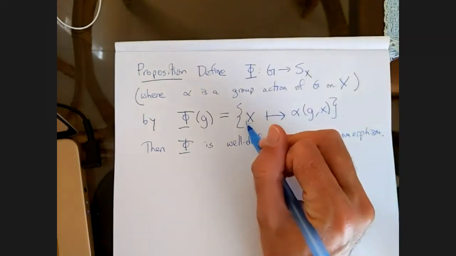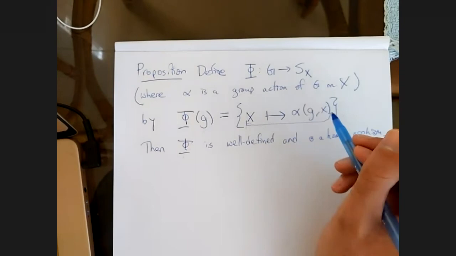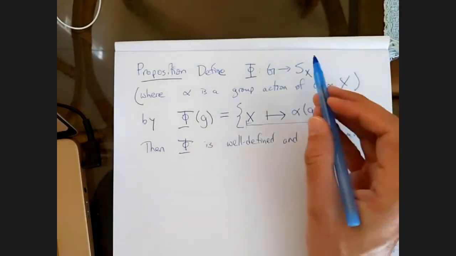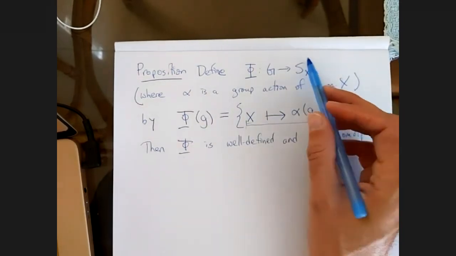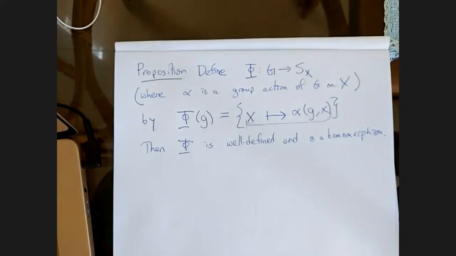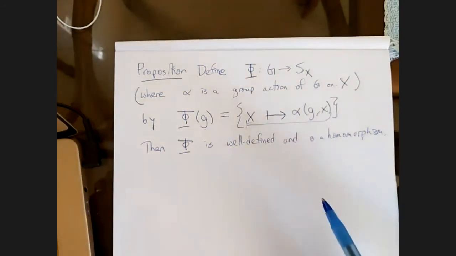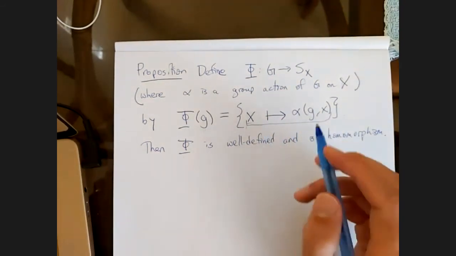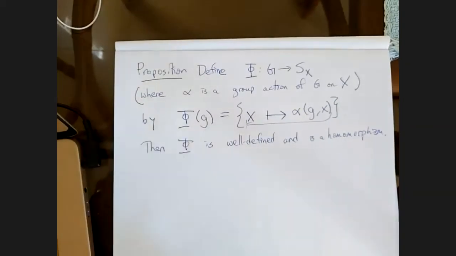We have to show that this thing is actually a permutation of X. And then that will tell us that this function is well defined. Okay, so let's prove this.